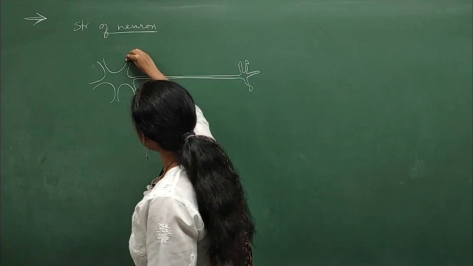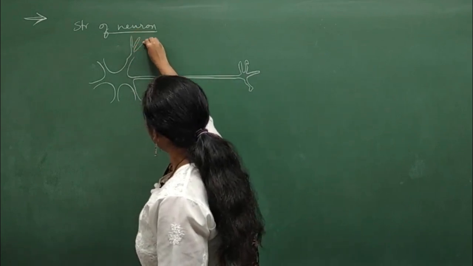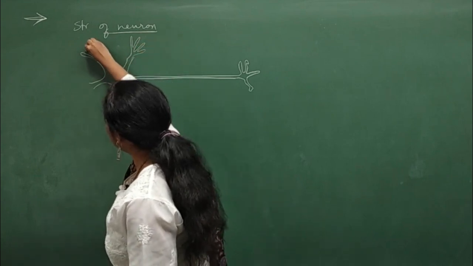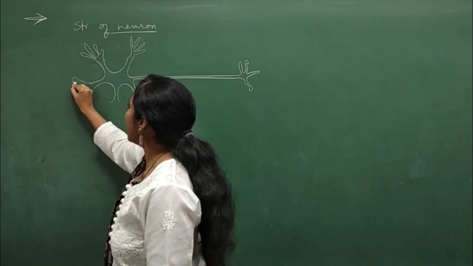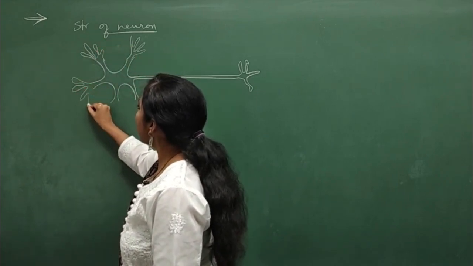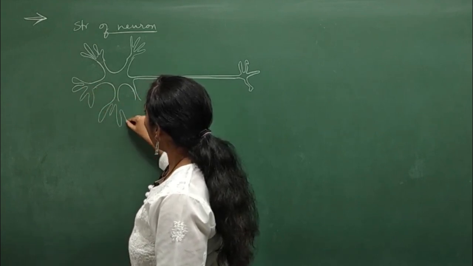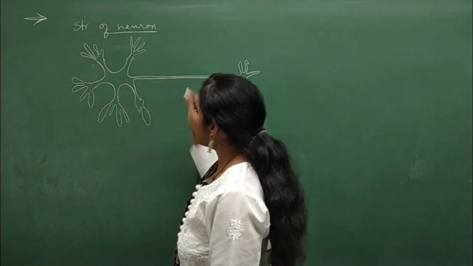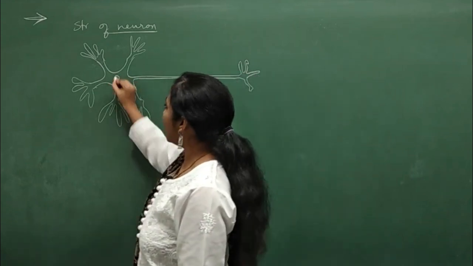And now on these C-shaped structures, show hair-like or thread-like structures, something like this. These are our dendrites. Clear? These are hair-like or finger-like structures, however you call them, something like this. Over. And centrally a nucleus.